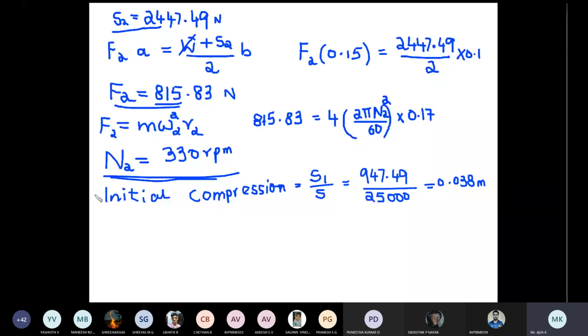Next calculation, you have to find out governor effort and power. Effort of Hartnell governor is given by S2 minus S1 divided by 2.